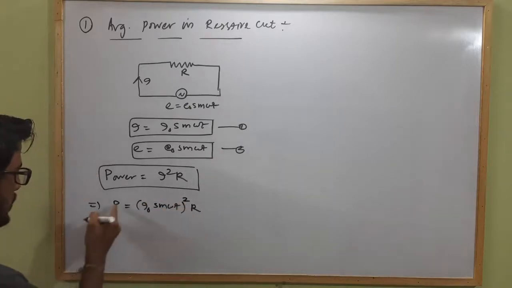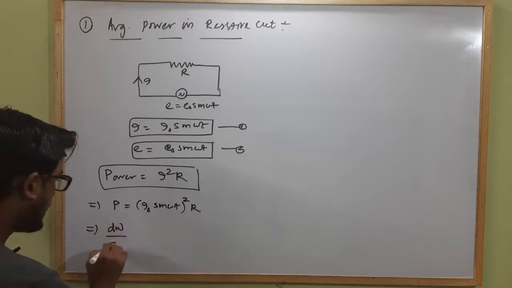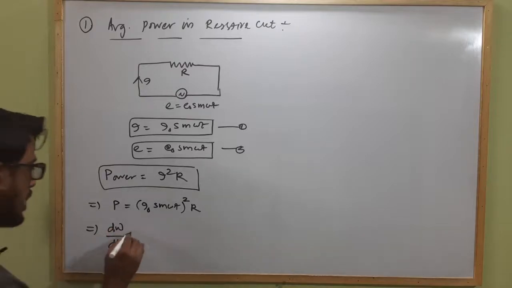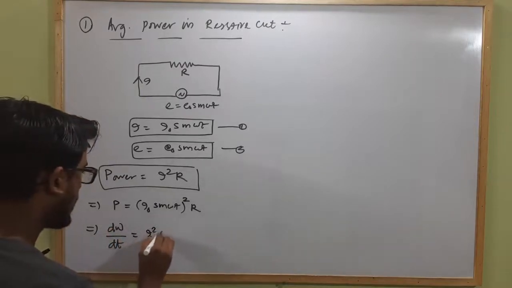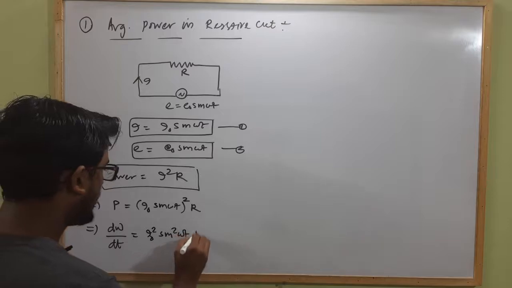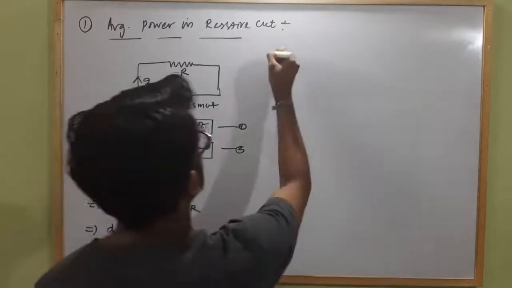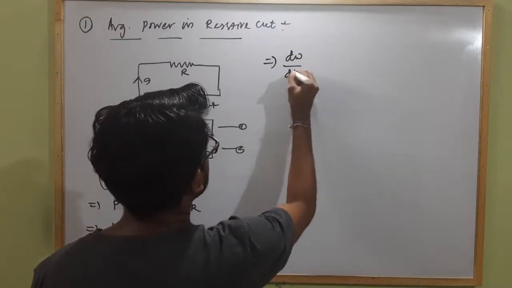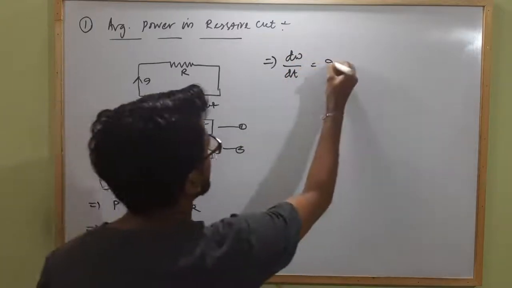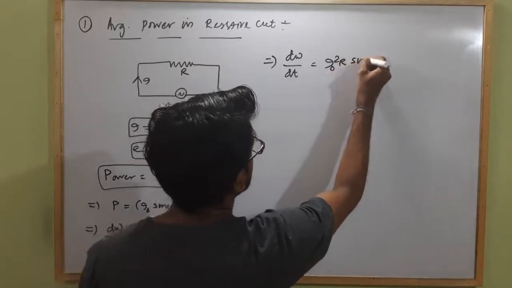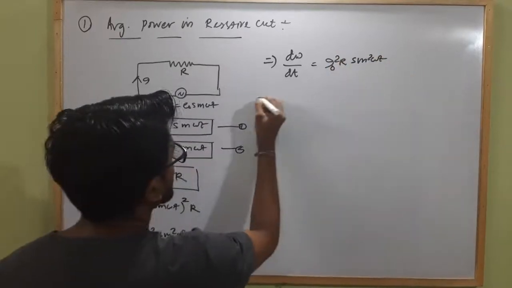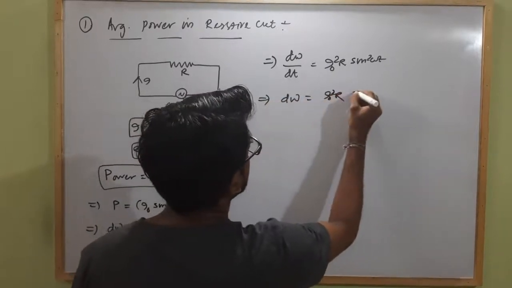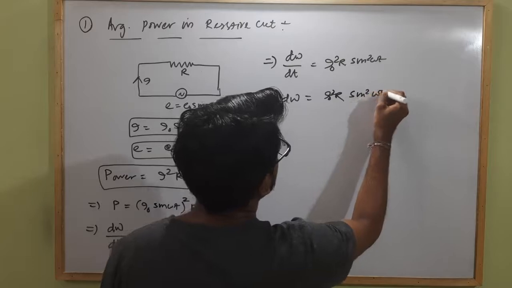So power can be written as dW by dt, the rate of doing work with respect to time, equal to I naught square sin square omega t into R. So dW by dt is equal to I naught square R sin square omega t.